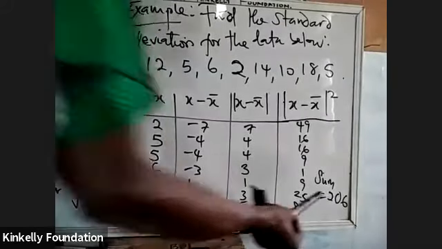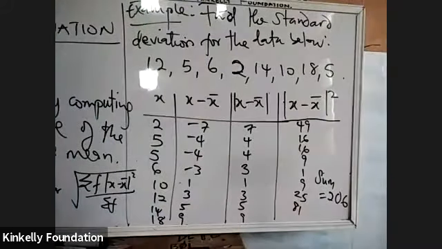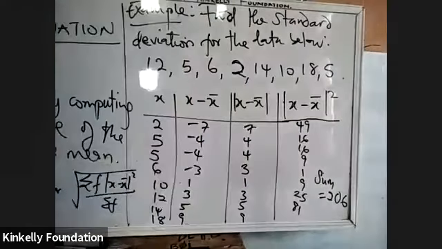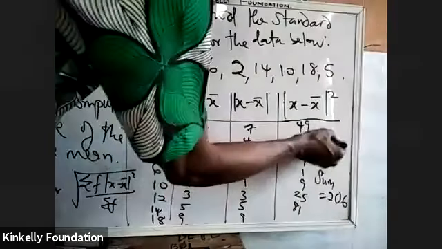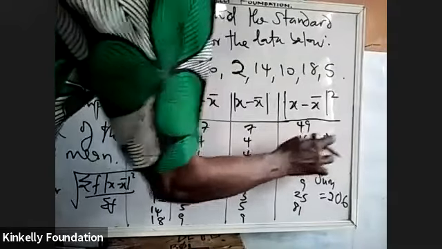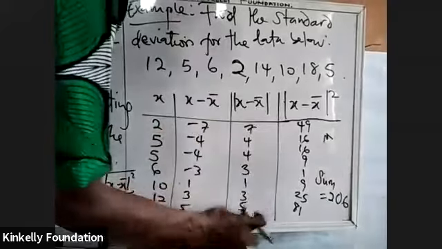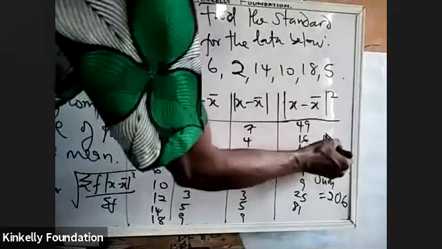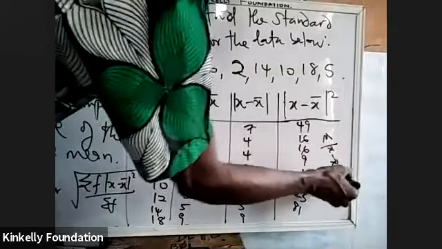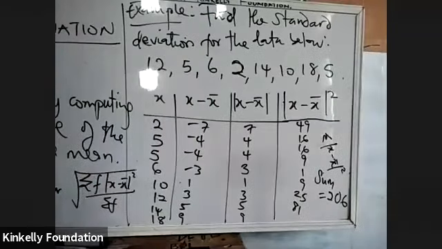We have gotten our sum to be 206. Uncle, yes. Have they squared them? Yes, square each of these elements and it gives you this. So the summation of this gives us this.